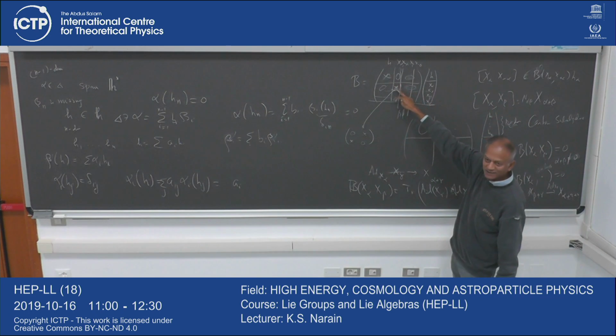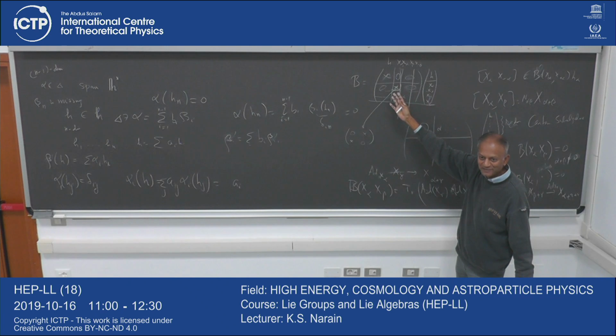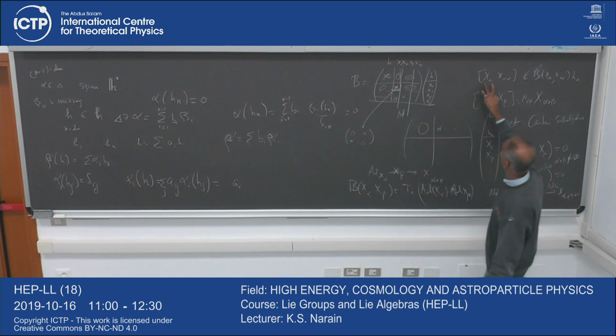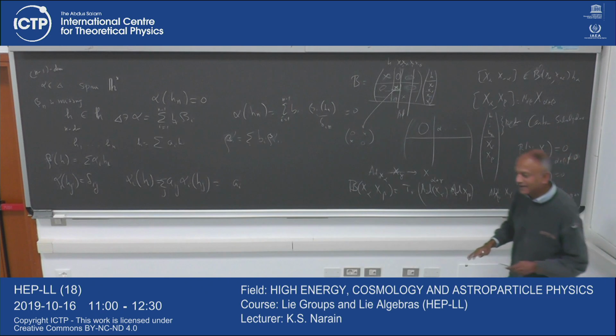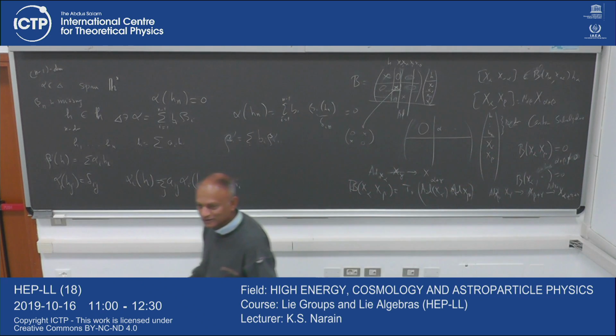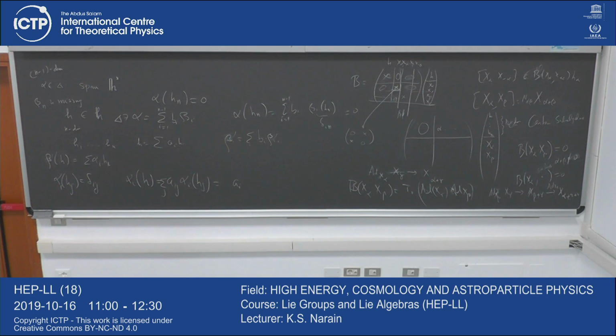If it was a 3 by 2 block, you cannot have it. You cannot have two of them and only one of them. It should be an equal number so that there is a pairing. But fortunately for our case, all the dimensions are 1, so there is only one linearly independent vector.